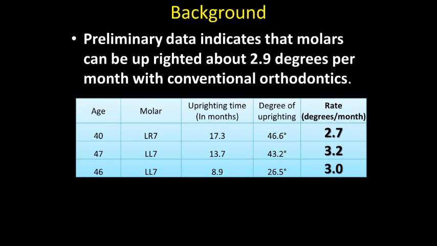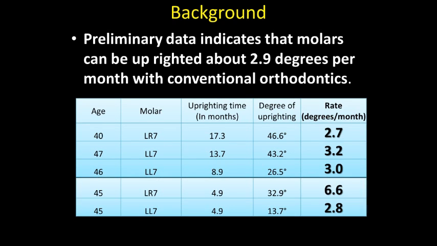The greater the degree of uprighting, the longer it's going to take. And we uprighted 46 degrees on the 40-year-old, whereas we only uprighted 26.5 on the 46-year-old. And on the far right, we see the rate in degrees per month, 2.7, 3.2, 3.0, or as we said earlier, about 2.9 per month.